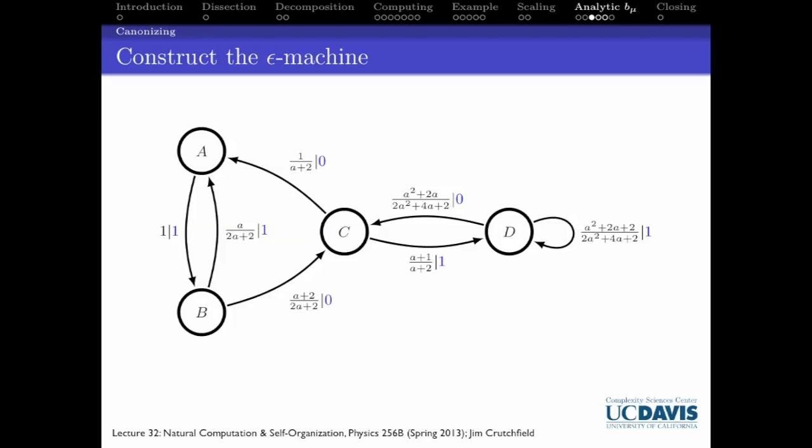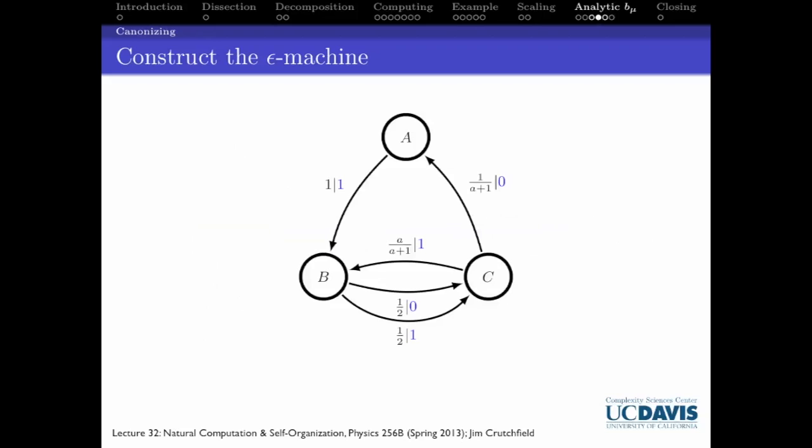We can also construct the reverse epsilon machine using the standard reverse operator we've seen already, where we flip the edges and renormalize them according to the invariant distribution. And then run mixed state again on that, and we end up with this. So we reverse all the edges, and it got messed up again. This should be, I think it's 1 over A plus 1.